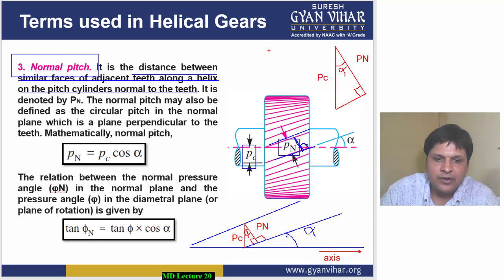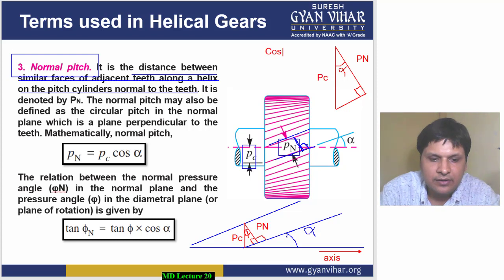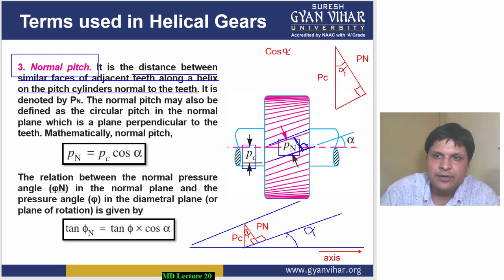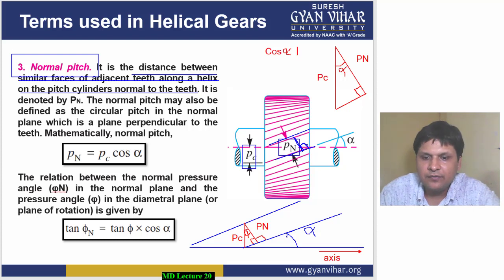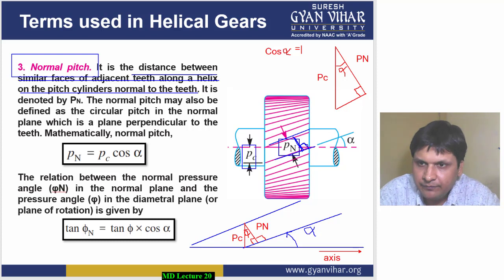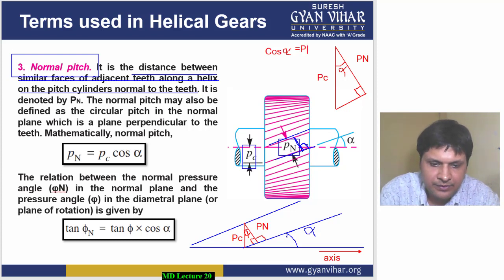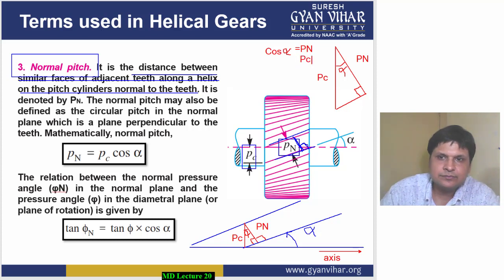Now if you calculate cos alpha here, cos alpha will be equal to Pn divided by Pc.